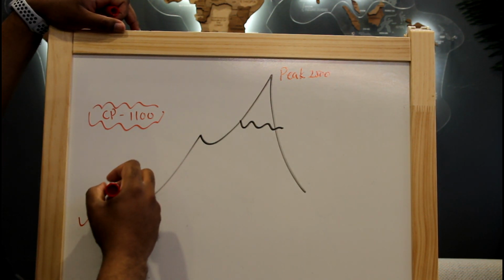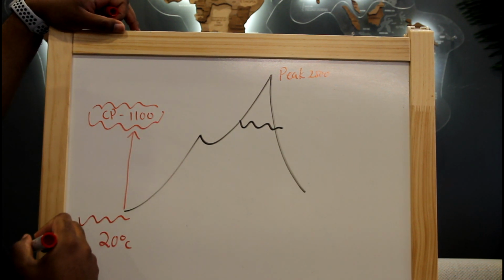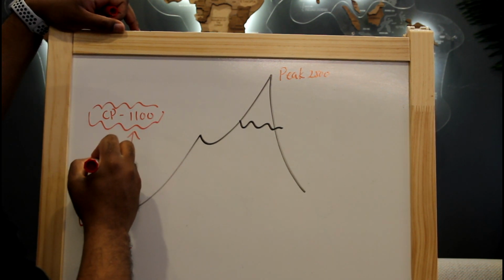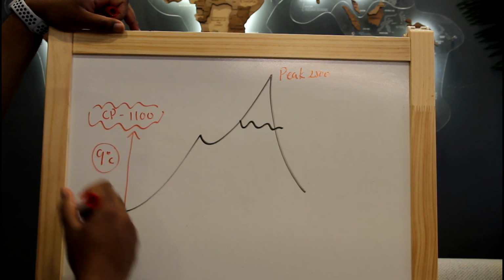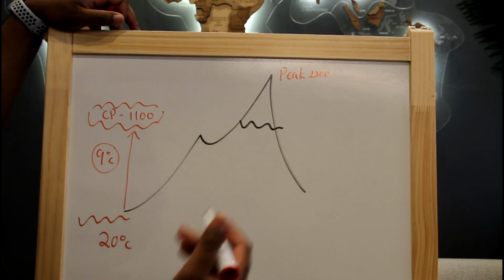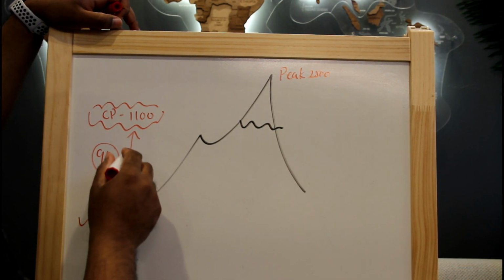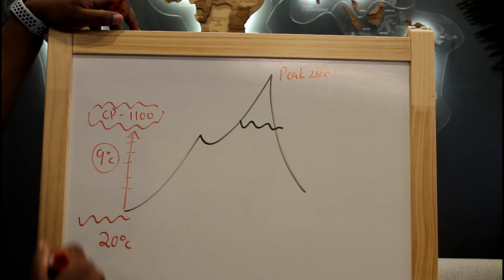So that essentially means that as I travel from here to here, I've lost 9 degrees Celsius. So just a step ago, we said that when we took 20 degrees Celsius and subtracted the 11 degrees Celsius that we've lost up to the condensation point, we get 9 degrees Celsius.